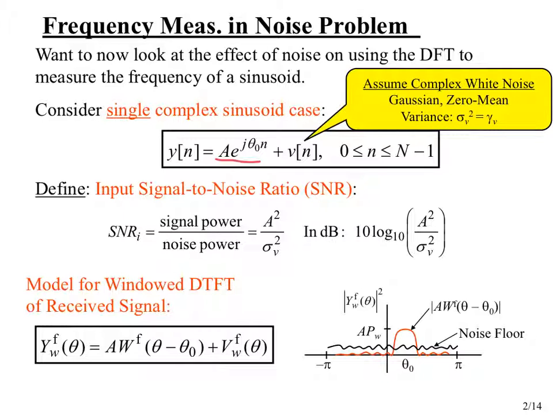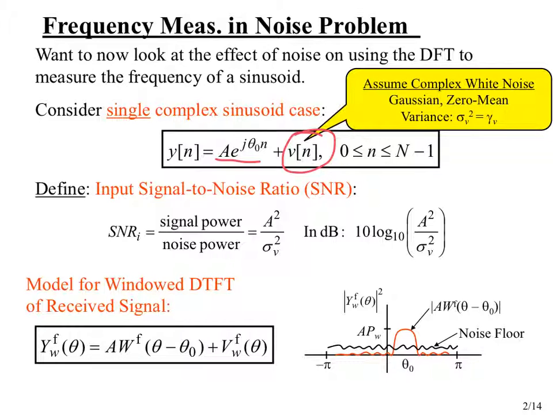And then added to that, each sample, v of n, is going to be what we call Gaussian complex white noise. So each one of those is like a random variable with a Gaussian PDF, so a bell-shaped kind of thing. It's complex valued, so technically we would need to talk about a Gaussian PDF for the real part and a Gaussian PDF for the imaginary part, but let's not worry about that too much.